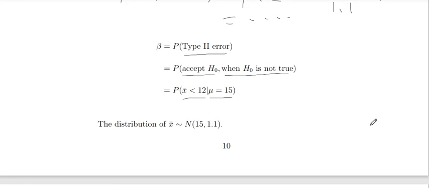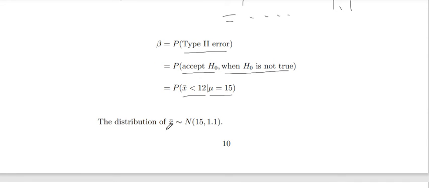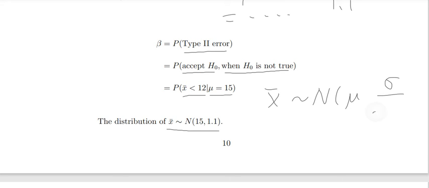So now the distribution of x bar will follow this normal, with mean mu and standard deviation sigma over square root of n. Here mu is 15, sigma is 5, n is 25, and the square root of 25 is 5.